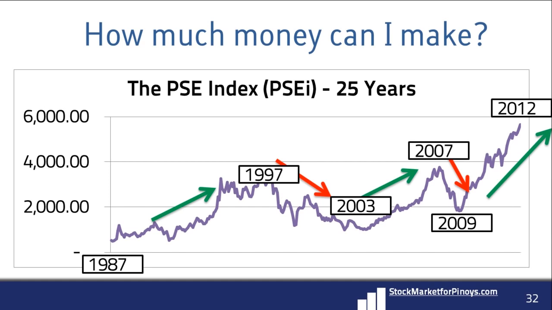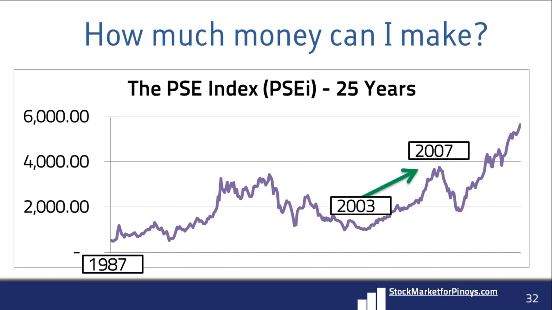Now, what I mean by relative is that during the periods when the PSEI is going up, like from 2003 to 2007, you should be making money. Actually, even if you don't know what you're doing, you could still make money. In that period, if you doubled your money, that was very reasonable and, well, easy to do.